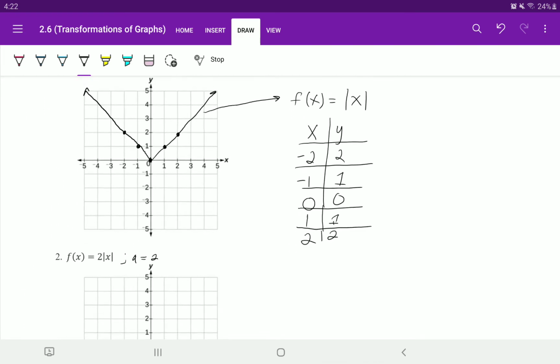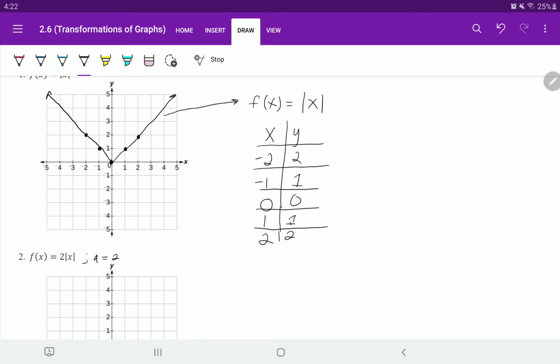So I'm going to take the graph that I did up here, and to graph this one, I'm going to multiply each y coordinate by a. So multiply each y value by 2.